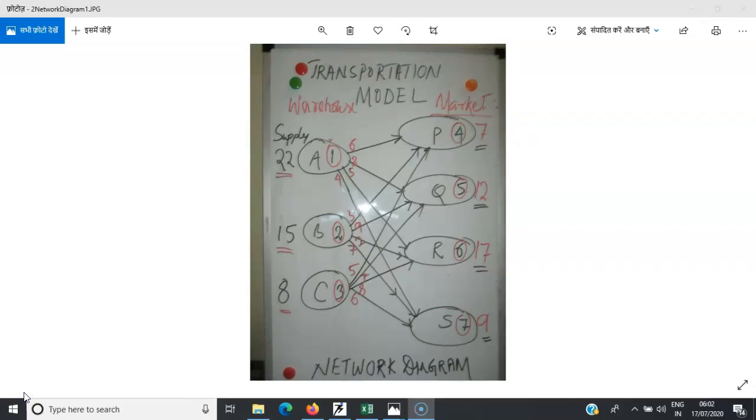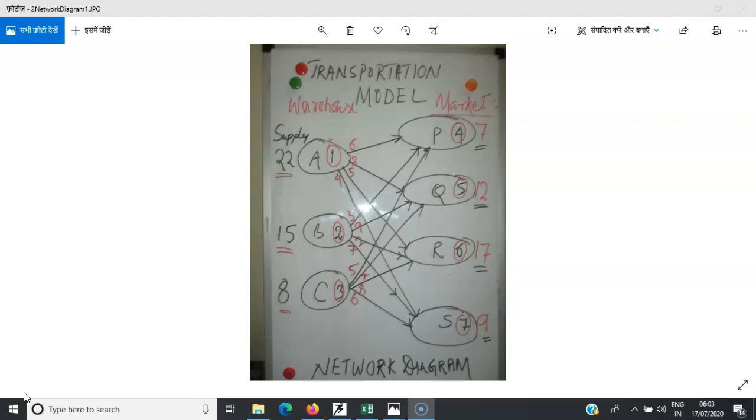So this is known as a network diagram. There are supply points, the warehouses, which are the sourcing points, and the markets are the destination points. Can you see here? It is nicely representing the nodal points 1, 2, 3 as ABC and the nodal points 4, 5, 6, 7 as PQRS, and the total supply quantities are written 22, 15, 8.